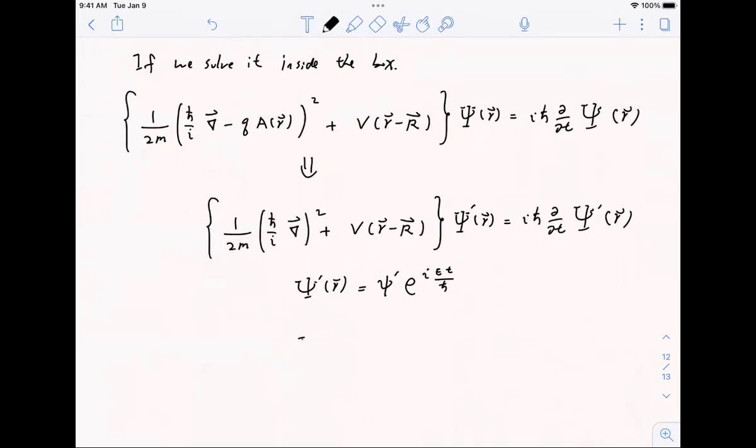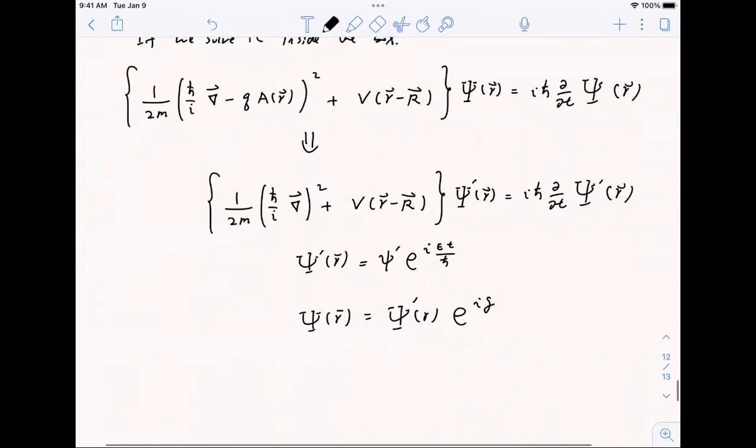So the real wave function will be, this is what we learned before, the prime one with the phase e^{iγ}. Of course this one will have energy E and this one will have E prime.